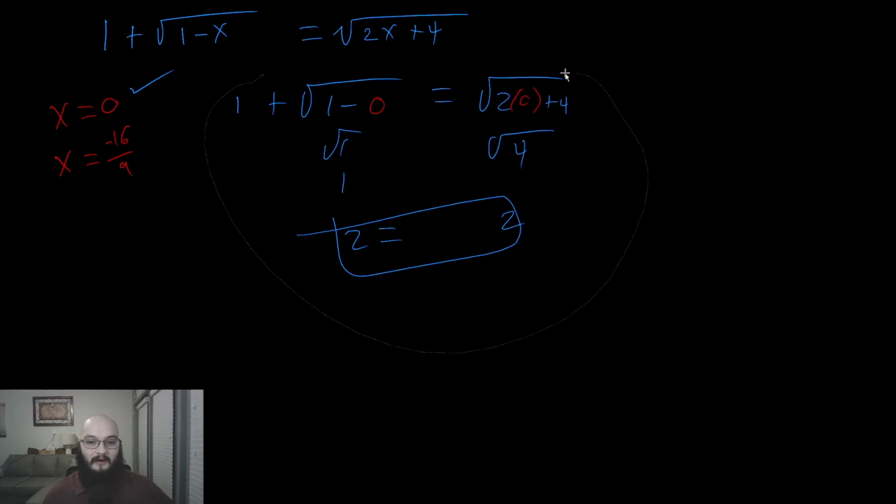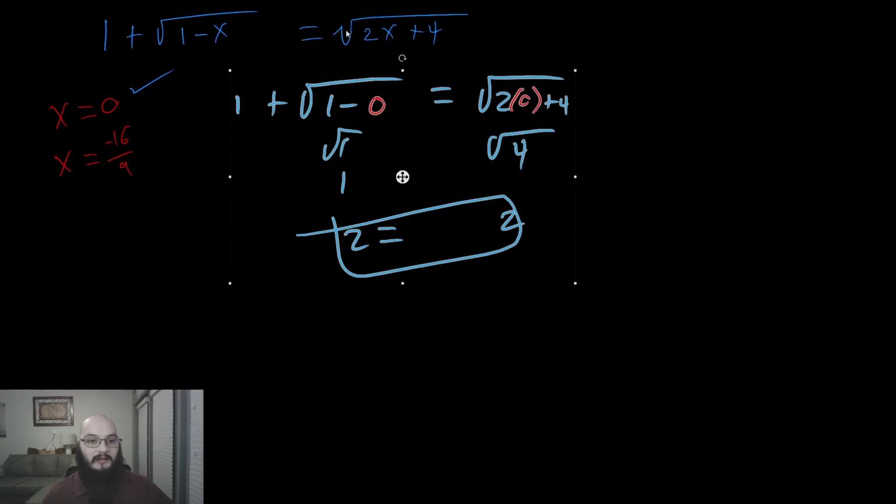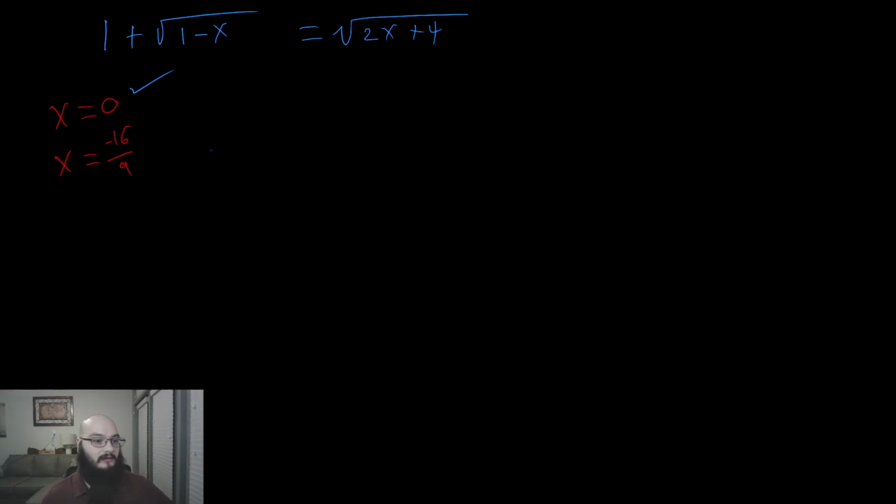So what about our other one? Let's plug that in. We have 1 plus the square root of 1 minus negative 16 over 9 is equal to the square root of 2 times negative 16 over 9 plus 4. Oh, I didn't close those brackets.